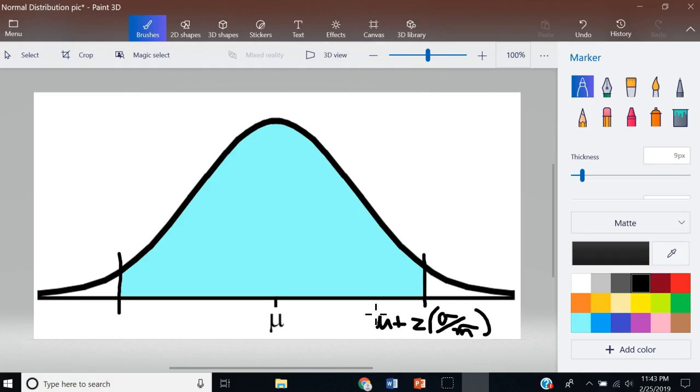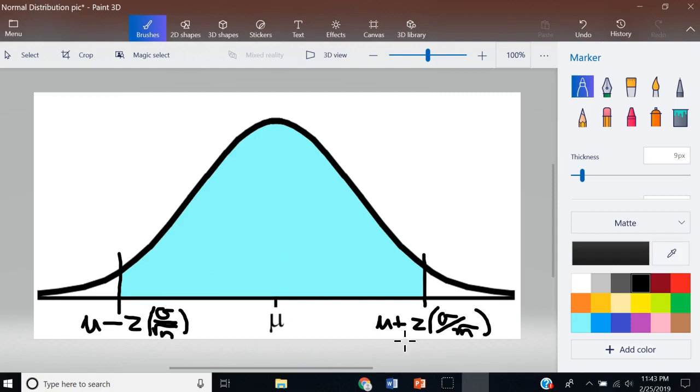And what we're saying there, by the way, because this is symmetric, this left-hand side would also have to be that same average, but going back a certain number of standard deviations. Again, sigma over the square root of n, I'm using that for my standard deviation because that's the standard deviation of the central limit theorem.